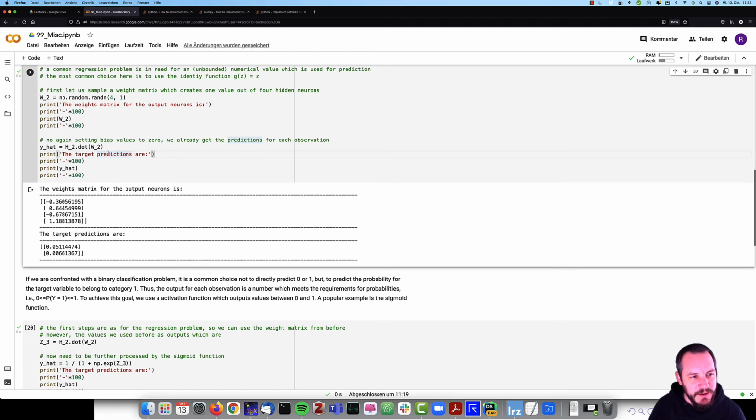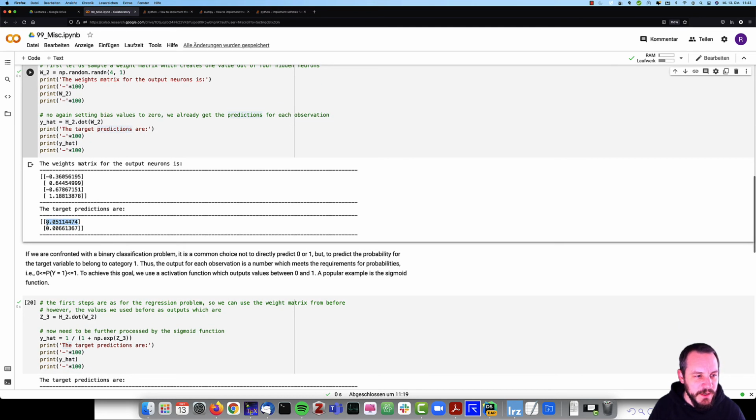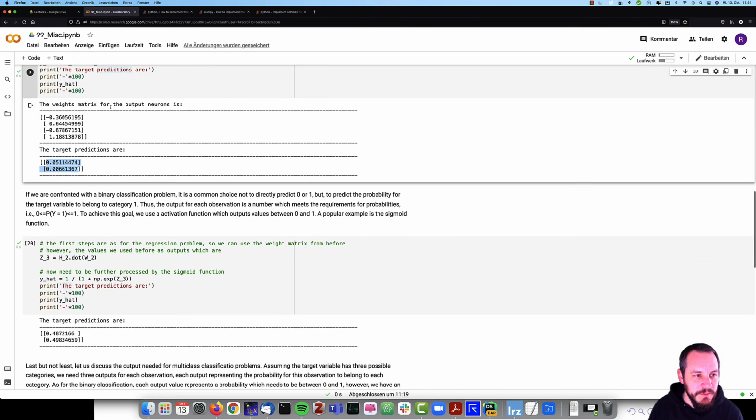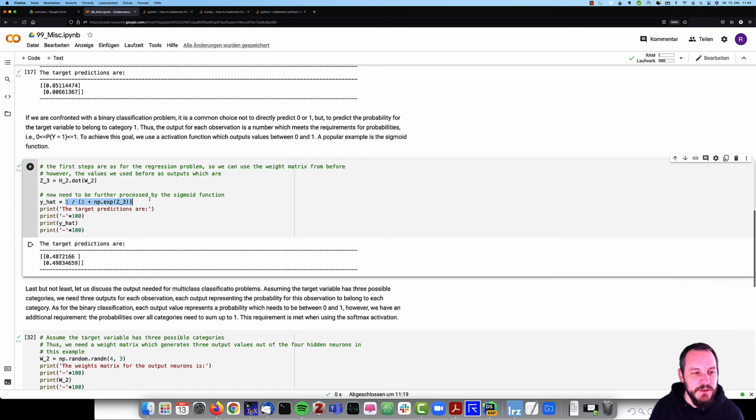So now if we would have the binary classification problem, instead of any numbers here, I mean, this is by coincidence that they are already between 0 and 1. We did not do this here on purpose. But if we really need to generate output values, a single output value for each observation, which corresponds to the probability for the target variable being category 1, then we would do exactly the same thing as we've done here for the regression type problem, but these values that you can see here are activated by the sigmoid function that you can see here.